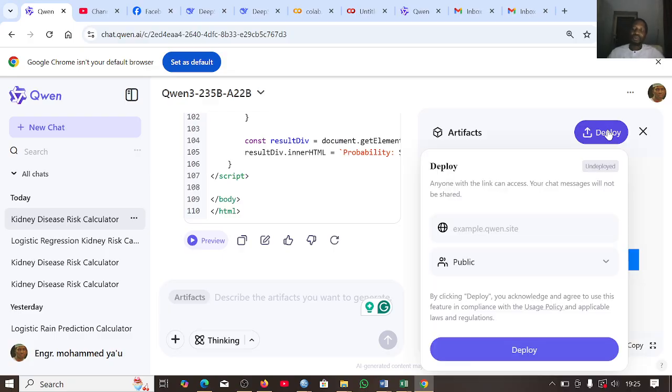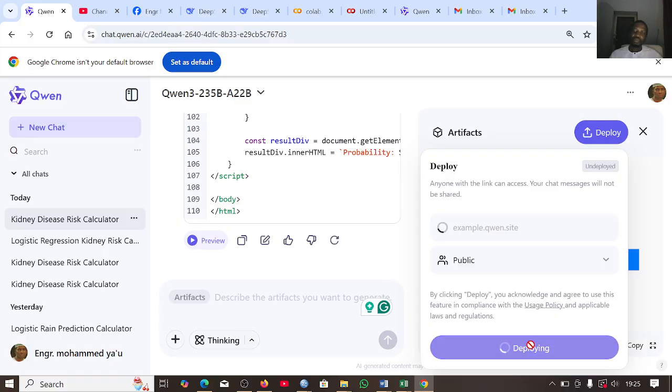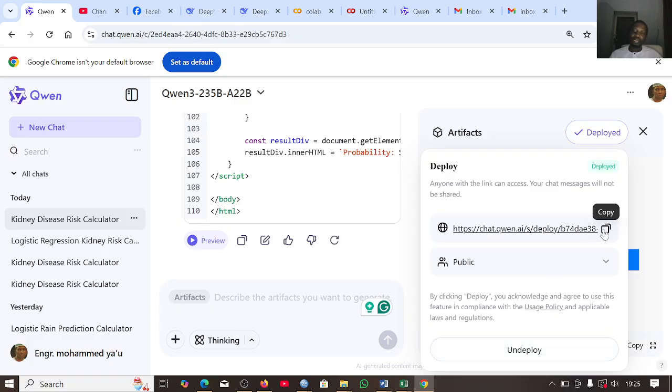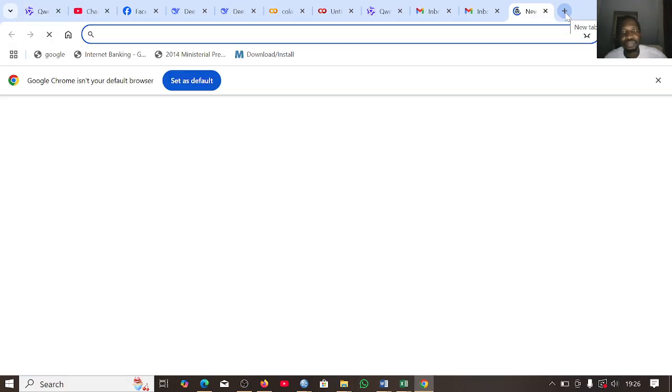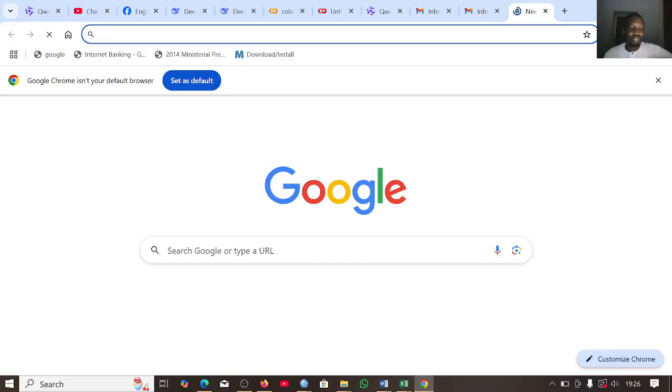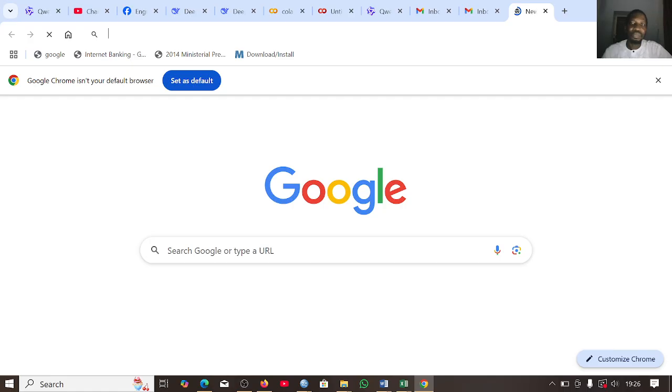So you can deploy this. Once you deploy it, it will give you a link that you can share with others. Let's open this link in a browser, so that if you share it with them, they can just put it in their browser and it will automatically take them to it.